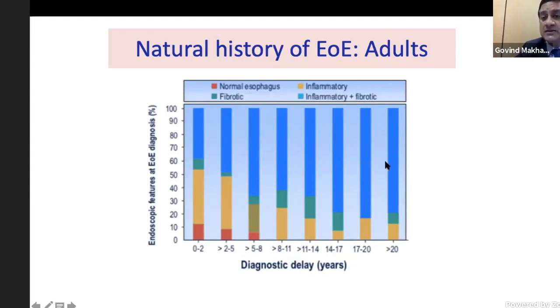The proportion having fibrosis at an early age is much less. So it is very important to recognize that, like inflammatory bowel disease, eosinophilic esophagitis is also a progressive disease. If you don't treat them actively and effectively, then the inflammatory stage goes to a stage of fibrosis and ultimately leads to esophageal stricture.